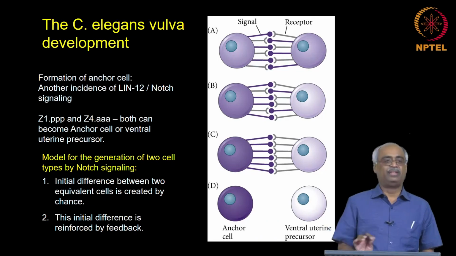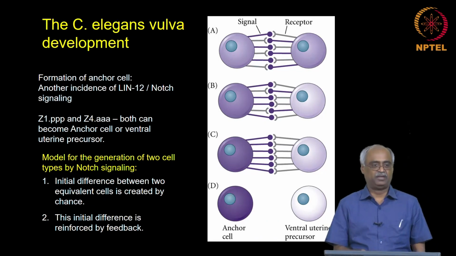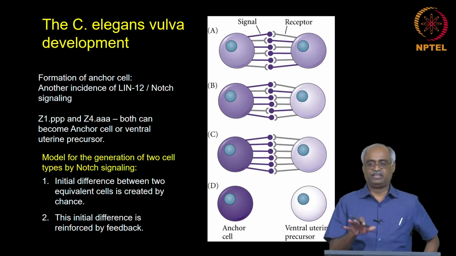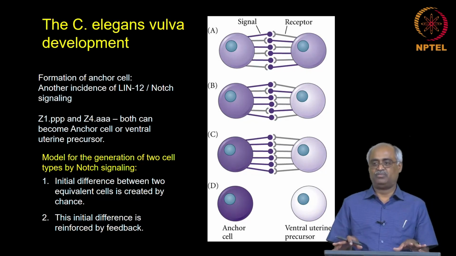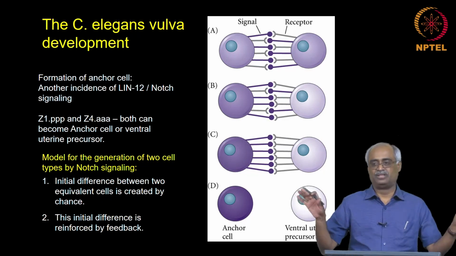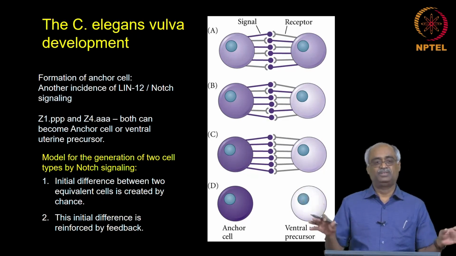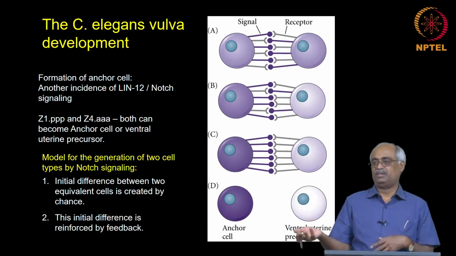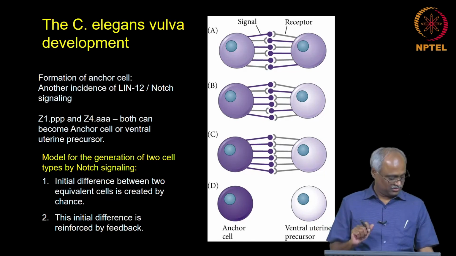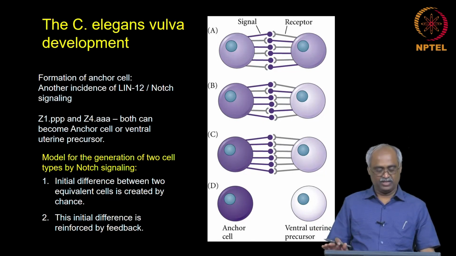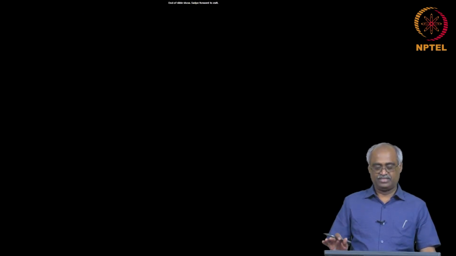So this is the model proposed to explain how fate determination might work among equivalence group cells via the Notch-Delta pathway in different contexts. This is probably how one cell becomes a neuron and another becomes glial, if you want to think in a vertebrate context. Okay. So this brings us to the end of the signaling pathways.